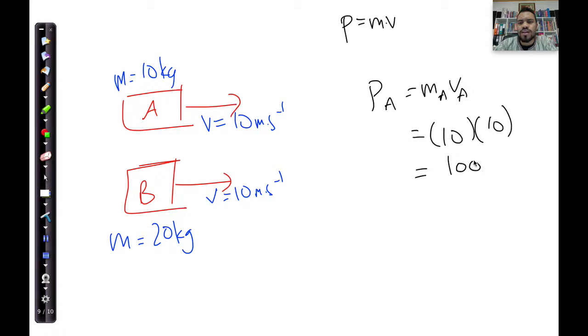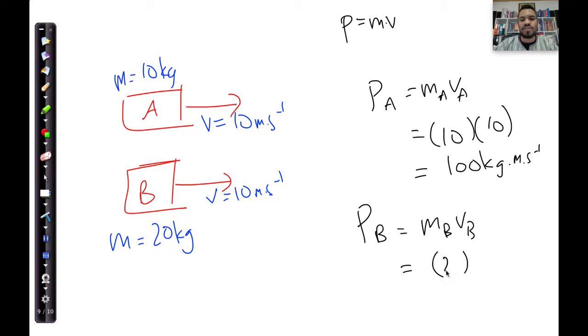That gives me 100 kilograms meters per second. That's momentum. Now, the momentum of object B is the mass of object B multiplied by the velocity of object B. The mass of object B is 20 kilograms and the velocity is 10 meters per second. So the momentum of object B is 200 kilograms meters per second.